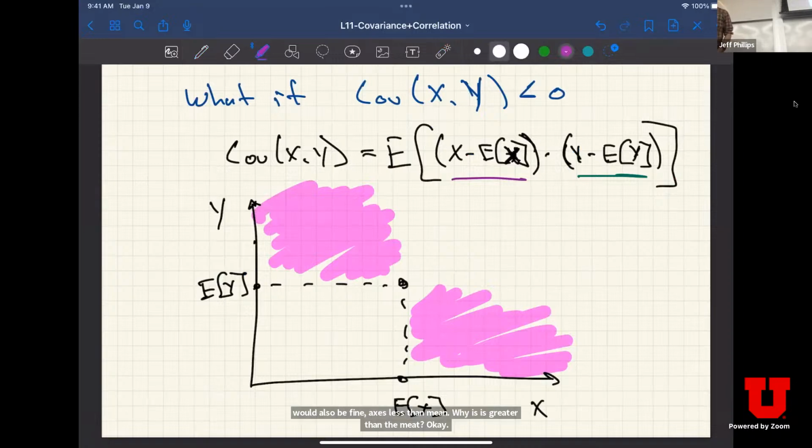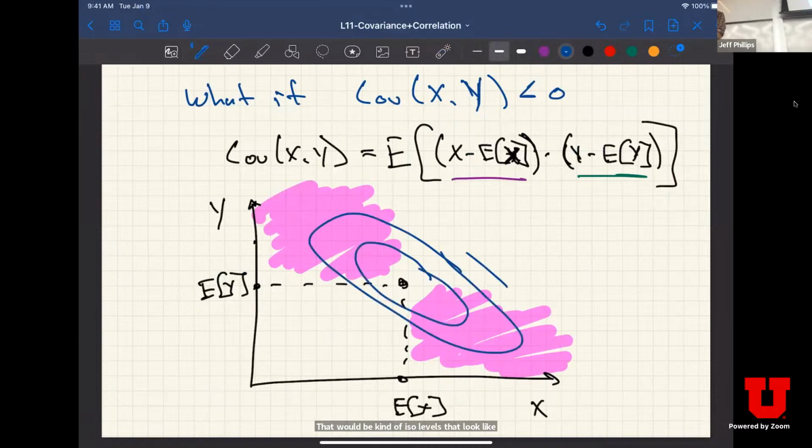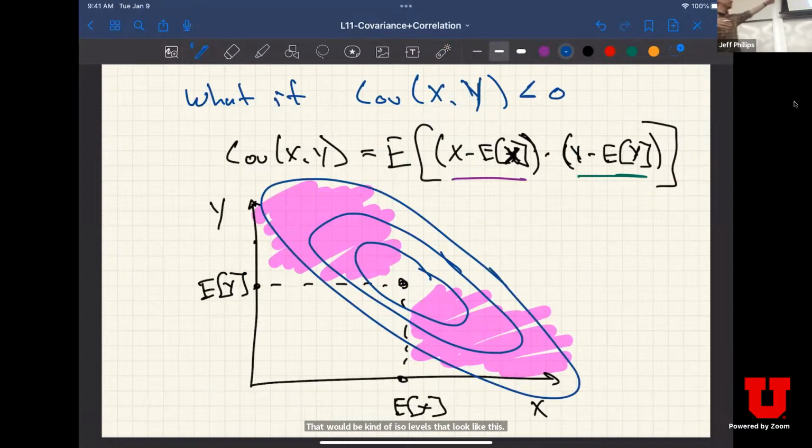Now if I have a distribution where I'm more likely in the pink regions than not, that would be isolevels that look like this. Most of the mass is in the pink regions and less of it is in the non-pink regions. So that corresponds with plots that look like this. This would be a negative covariance. All right, this makes sense.